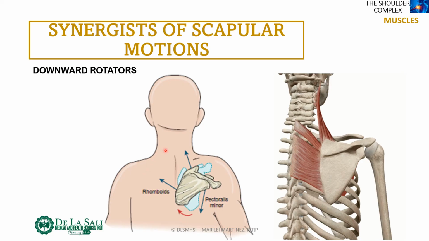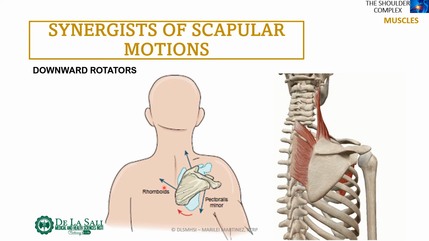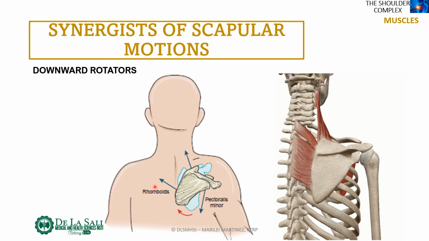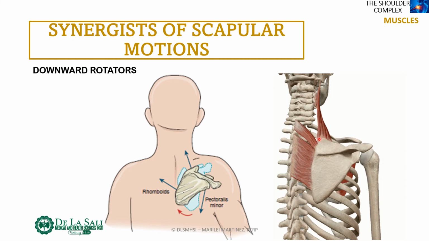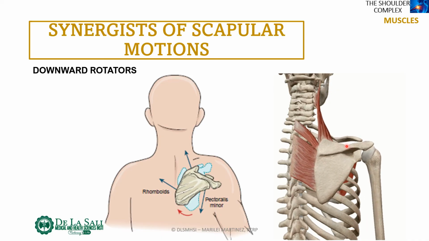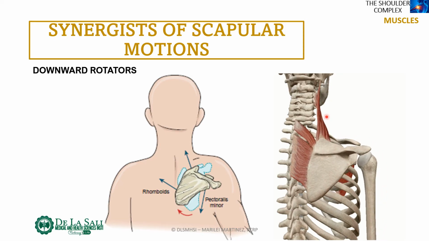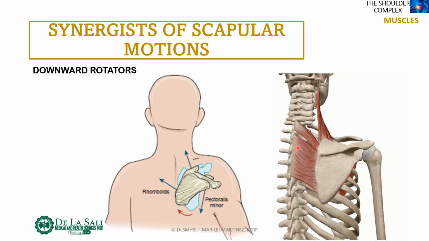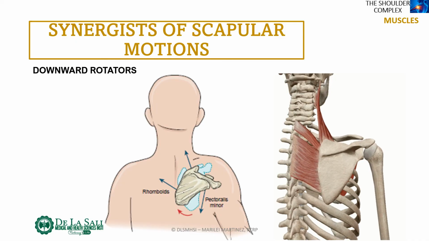The combination of these linear forces will cause downward rotation of the scapula, just like the one in the video. Again, the levator scapulae is attached to the medial border of the scapula. We have your rhomboid minor, rhomboid major, and your pectoralis minor in the anterior view. The simultaneous contraction of these muscles will cause downward rotation of the scapulothoracic joint.